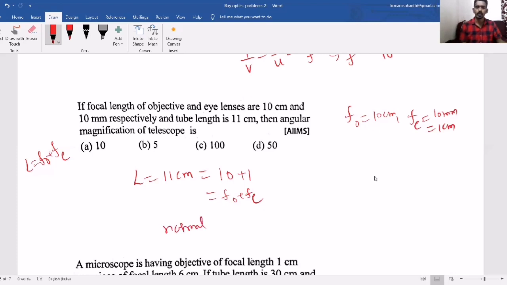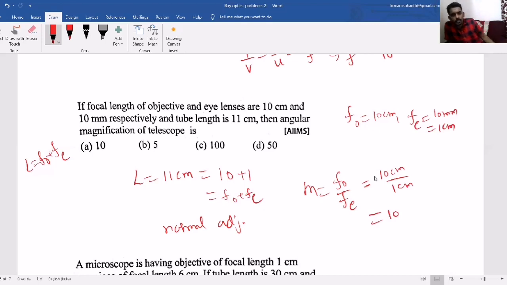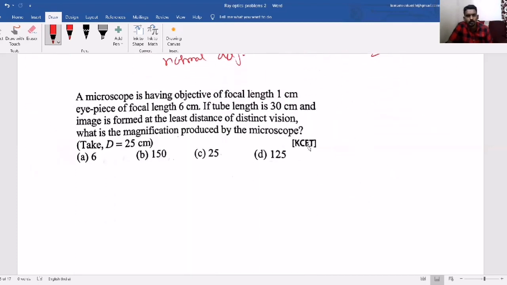So when it is normal adjustment, what is the magnification formula? F naught by fe, where f naught is 10 centimeter by 1 centimeter, equal to 10. So the magnification is 10.